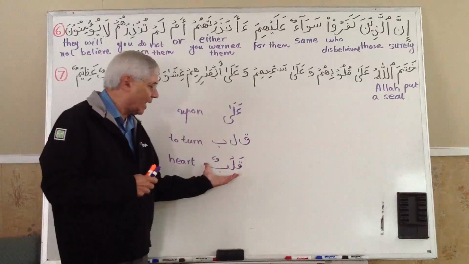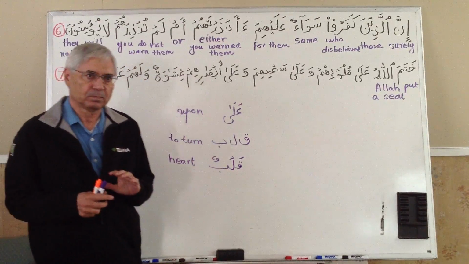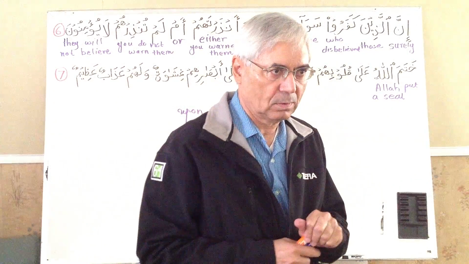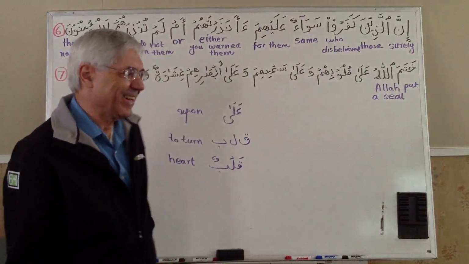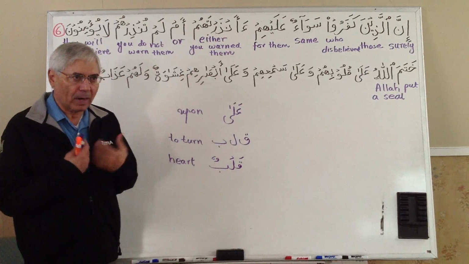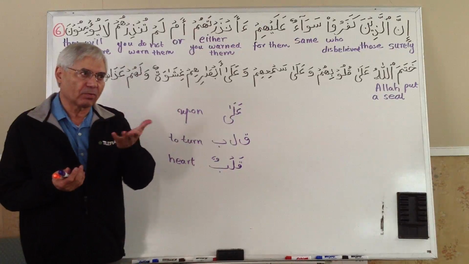Why do we call qalbun heart? Because it keeps turning. It never stops. If it stops, it's no more qalb. So qalbun is the part of the body which constantly keeps turning back and forth.